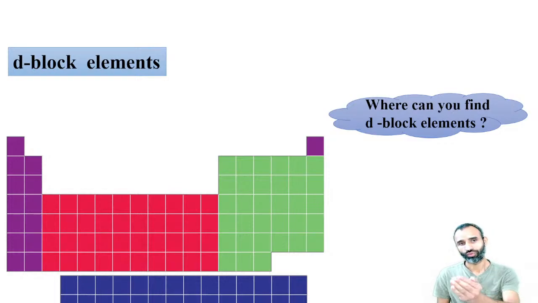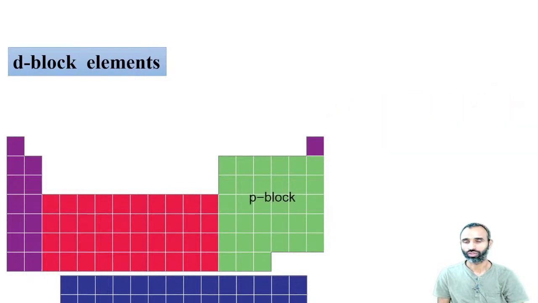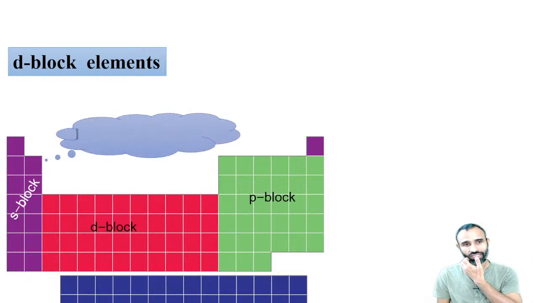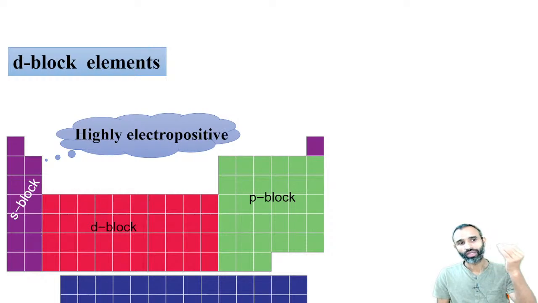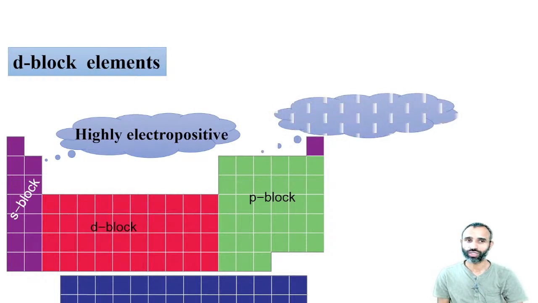So where can you find these elements? In the extreme right there is the P block, in the middle there is the D block, and in the extreme left there are the S block elements. S block elements are highly electropositive.